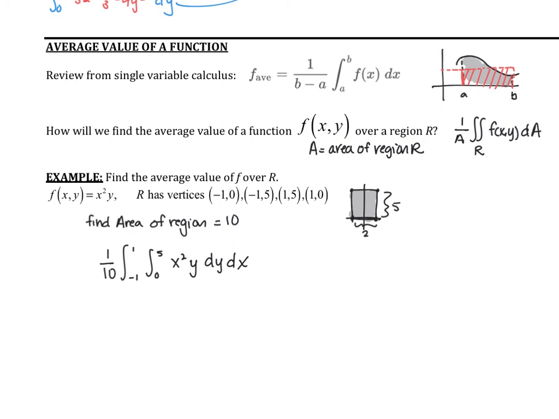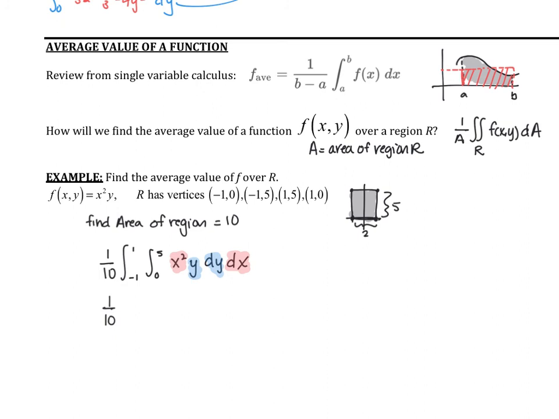So if we set it up this way, here's what I want you to notice. You'll notice that when I can separate these, I have an x squared dx and I have a y dy. So if you recall from yesterday, this can actually be set up using that last theorem or property we talked about yesterday.